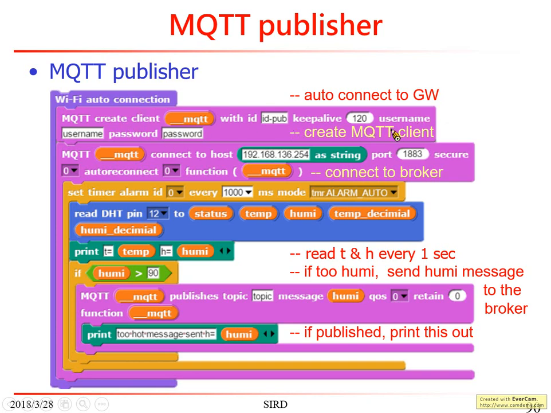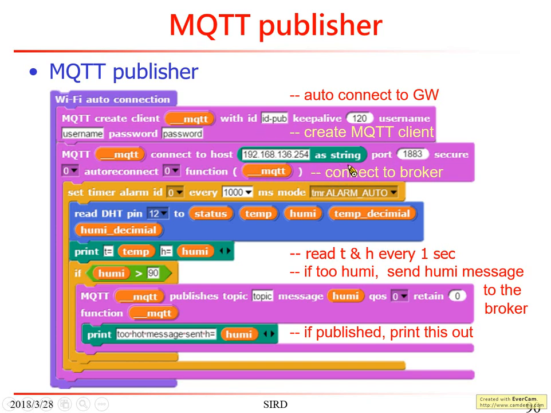And the first thing is you create an MQTT object, or MQTT client, and then you connect. Once you connect to the internet, you connect to the broker. So this is the broker.